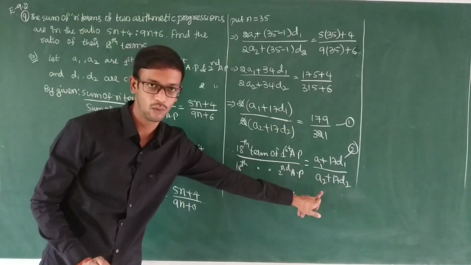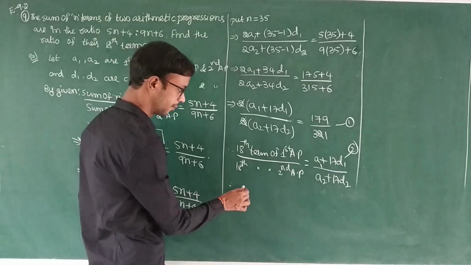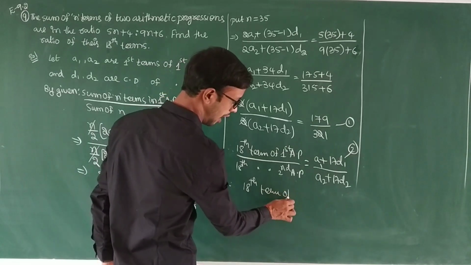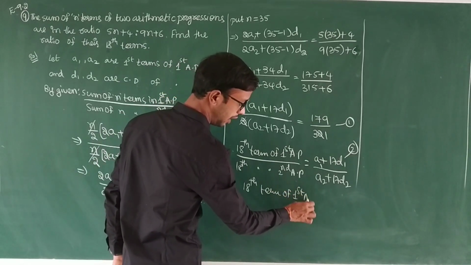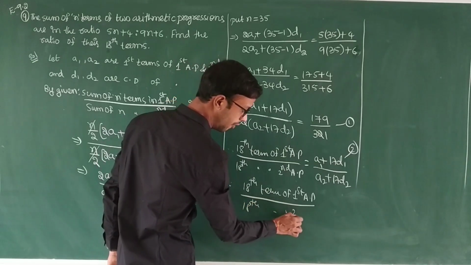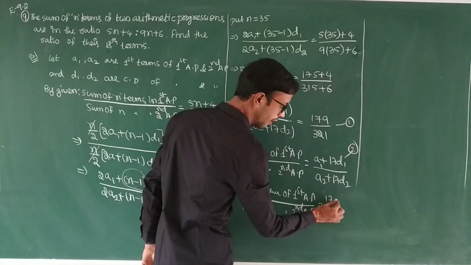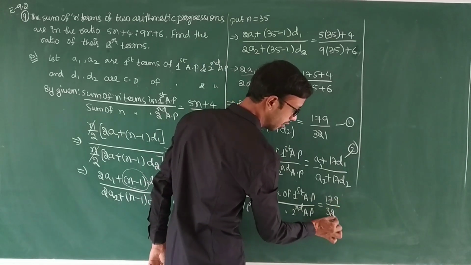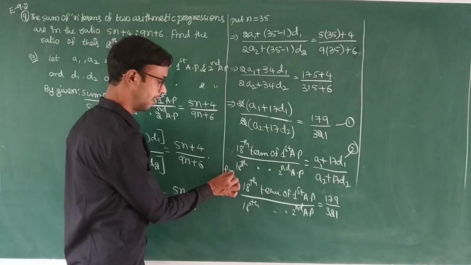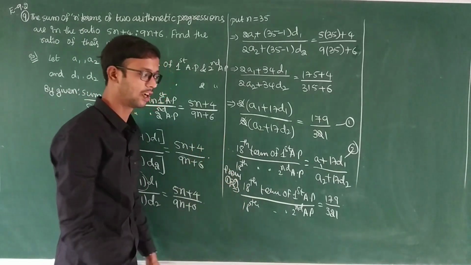These two are equal, so these two are also equal. Therefore the 18th term of the first AP divided by the 18th term of the second AP is equal to 179 by 321, from 1 and 2.